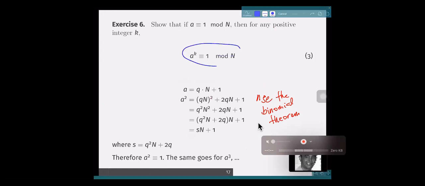So it means that if A is equal to 1 modulo N, then you can raise it to any K and still get the remainder equal to 1.